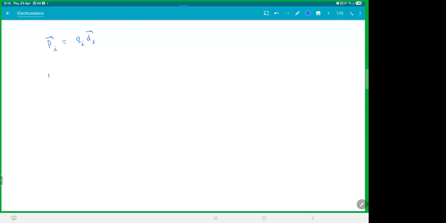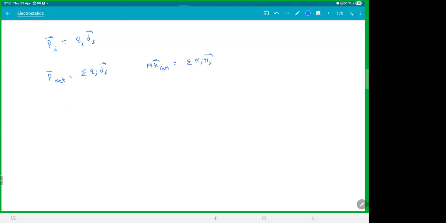So the net dipole moment p net looks like sigma qi di. It's a linear function. Doesn't this look like m into r center of mass is equal to sigma mi ri? Charge in place of mass and di in place of ri. It's a linear function, so it works.